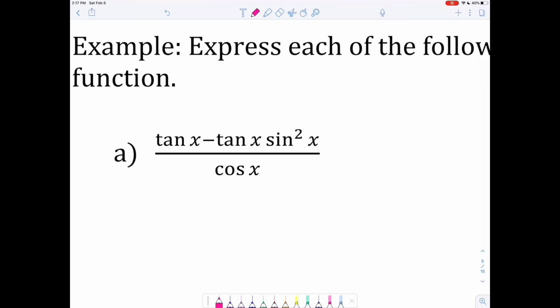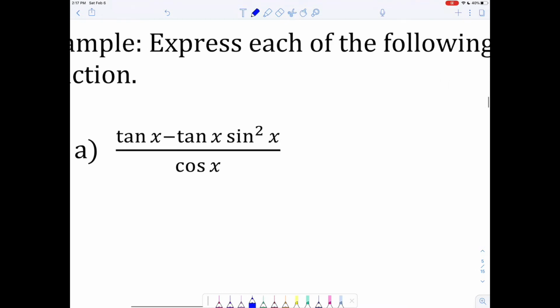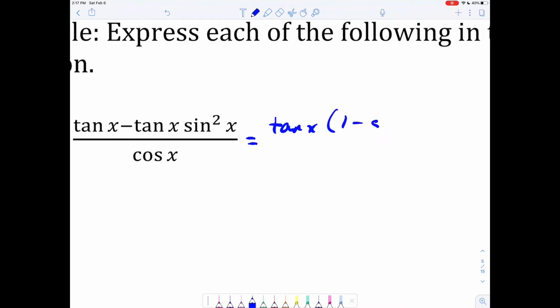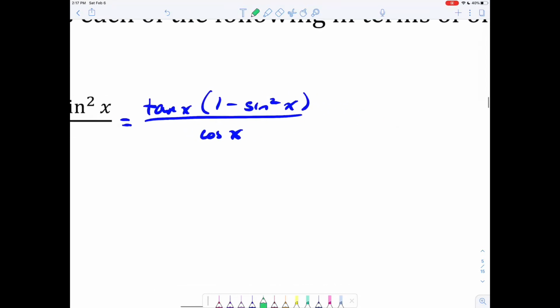So what I'm going to do is factor that out. I'm going to say that what I've actually got on the top is tan x times 1 minus sine squared x. And the bottom is just cosine of x. So I got that by factoring.